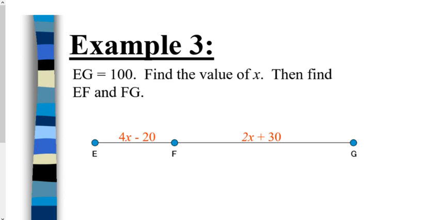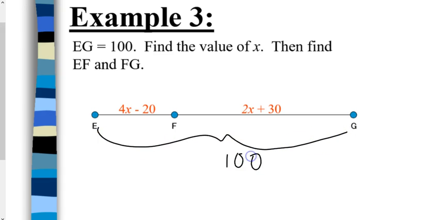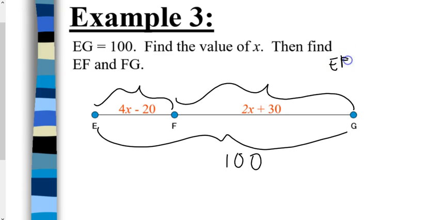All right, next one. Now we're getting a little algebraic here. Find the value of x. Well, we know EG is 100, so we know this whole thing here is 100. We know that EF is 4x minus 20, and FG is 2x plus 30, and we know that EF plus FG equals EG.